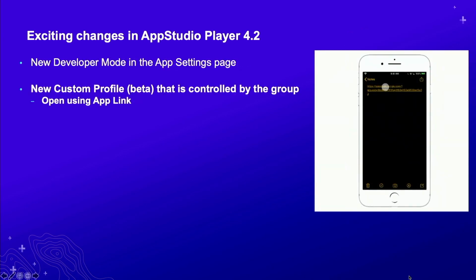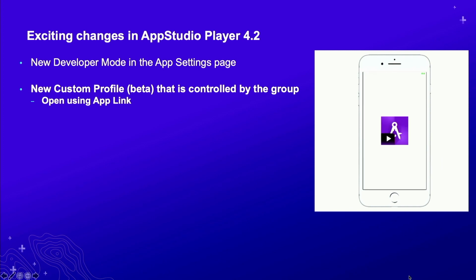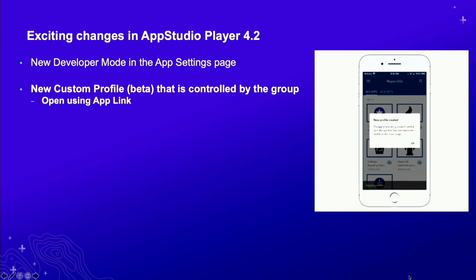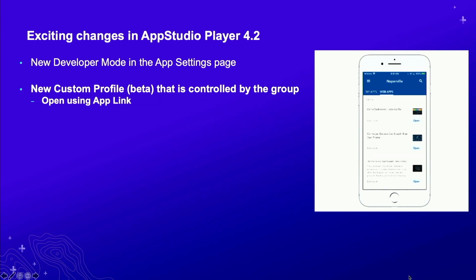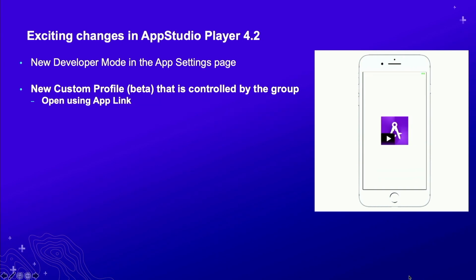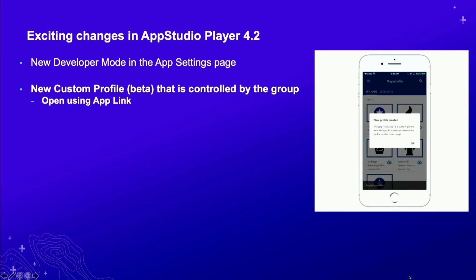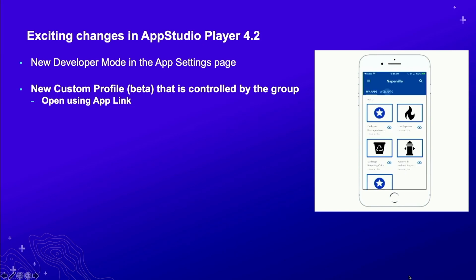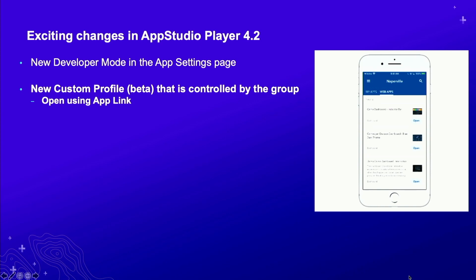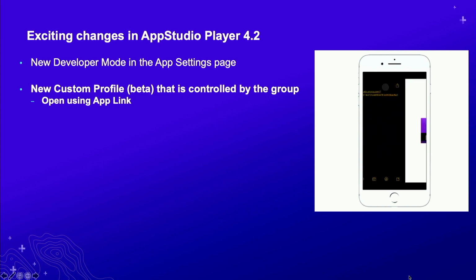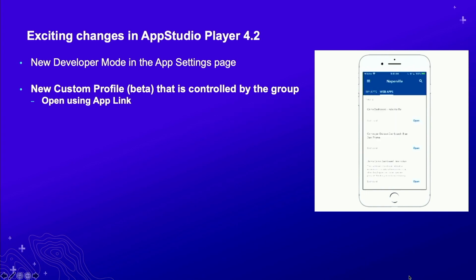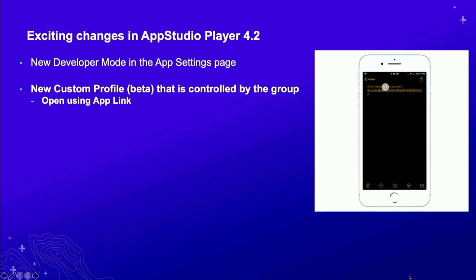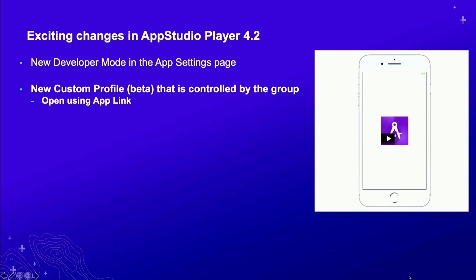We have a new custom profile that is controlled by a group using AppLink. I want to take some time to discuss this. As I mentioned earlier, traditionally, AppStudio Player is a developer and testing tool. But we have seen a lot of increased usage of AppStudio Player as a distribution tool. A lot of our customers have had challenges publishing their app to the App Store.